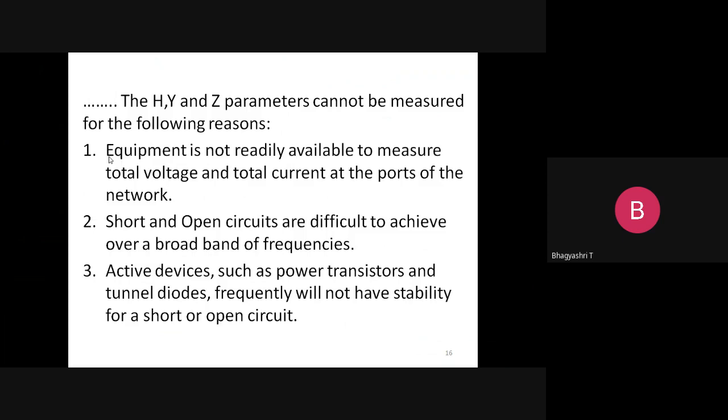But for microwave, when we want to measure the voltage and current, the equipment is not available, the equipment that can measure the total current at the ports of the network. Now the second point is short and open circuits. When we want to do open and short circuits in microwave, it is very difficult to achieve.